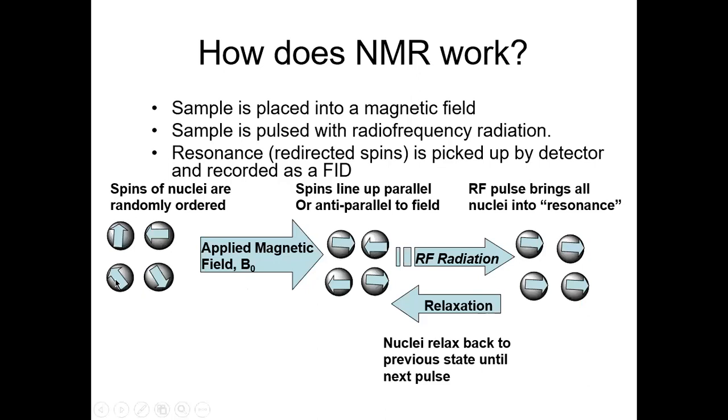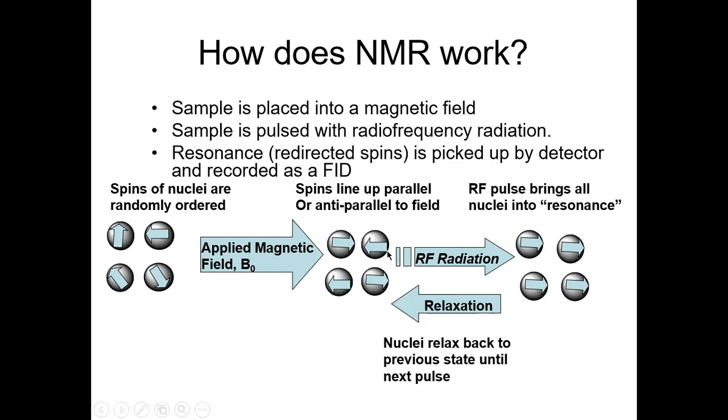rudimentary terms. Each one of these is a nucleus. And what happens is those nuclei, the magnetic field is what we call precessing or spinning, but it's doing so at random, right? And then you apply the magnetic field to it here, and then some of those line up with the field. Some of the protons line up with the field.